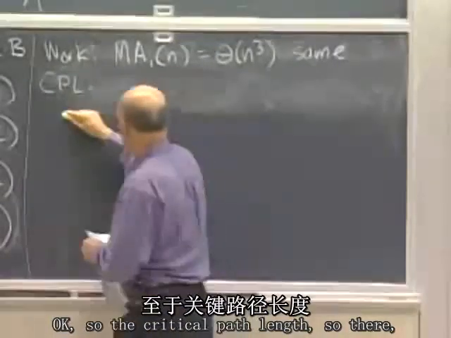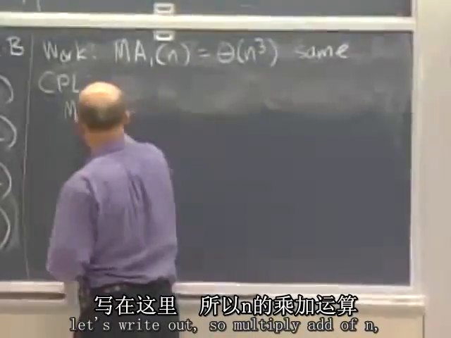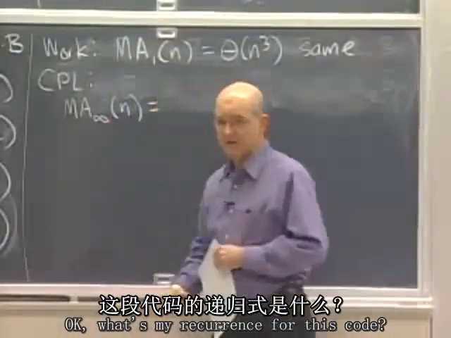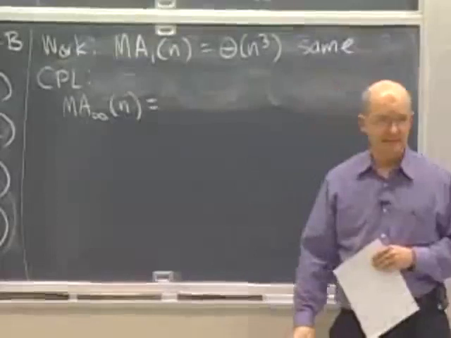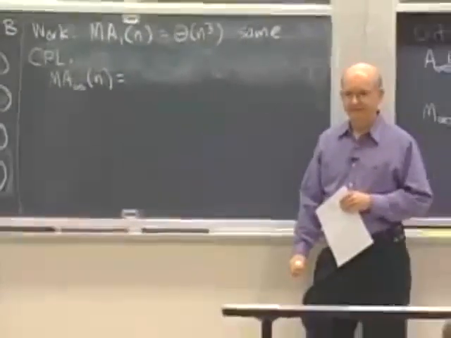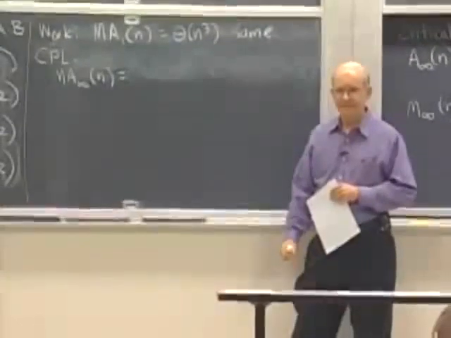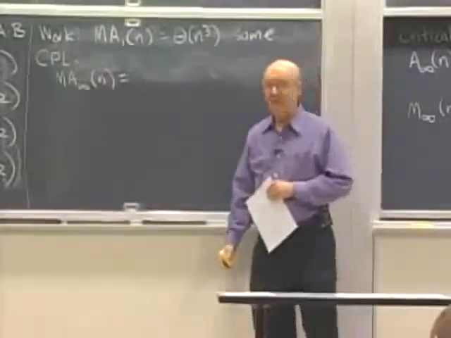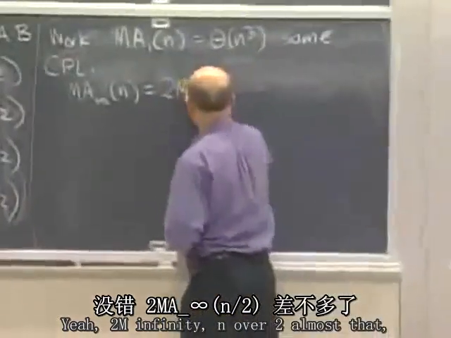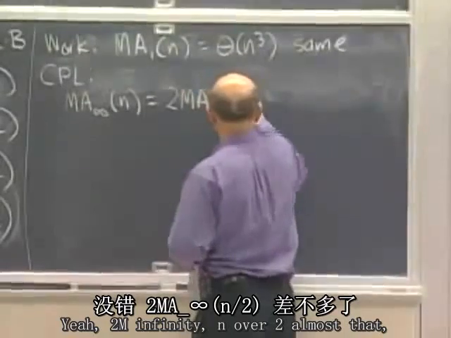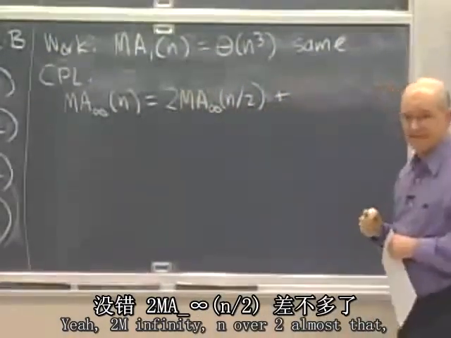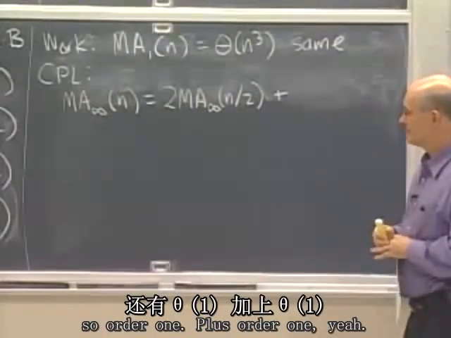So there, let's write out multiply add of n. Okay, what's my recurrence for this code? You have 2 because you have to wait for the... Yeah, so 2 M infinity of n over 2 plus, we lost that, so order 1 plus order 1, yeah.